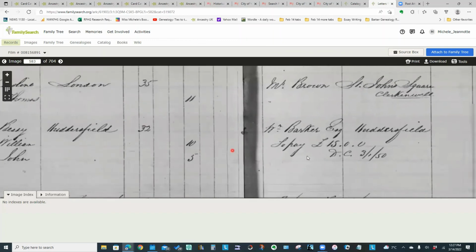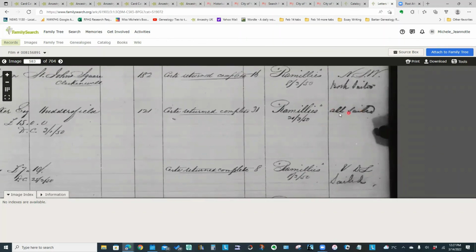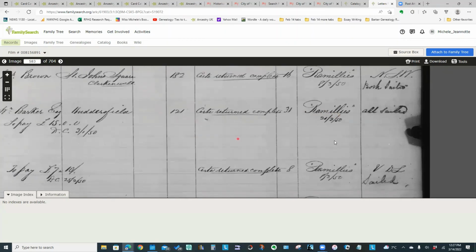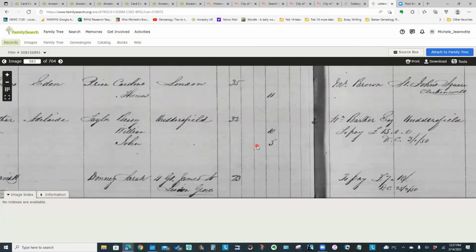And on the facing page, what it's saying here is that, yes, they all sailed, and it gives a date. So again, these records can really help trace what happened to some of your families if one of the members was perhaps appearing in the quarter sessions regularly.